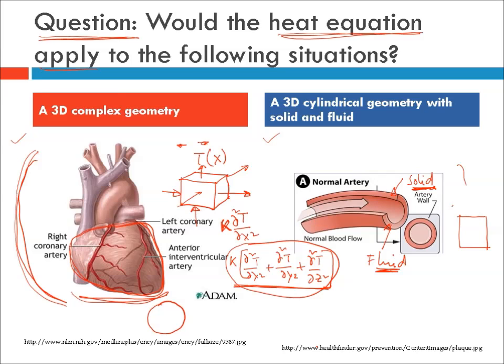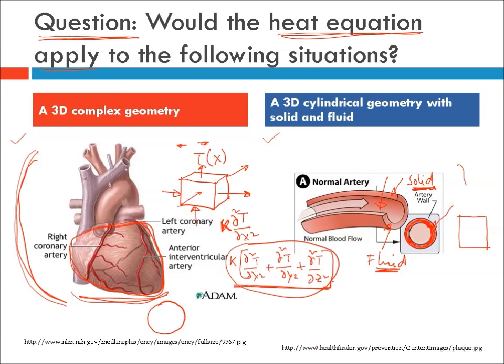But in this kind of a geometry, the equation is still valid. It's not wrong, but it's going to be hard to use it for a geometry like this and get a solution. So for this, we're going to derive a cylindrical version of this equation. And then after that, it will apply in the solid.